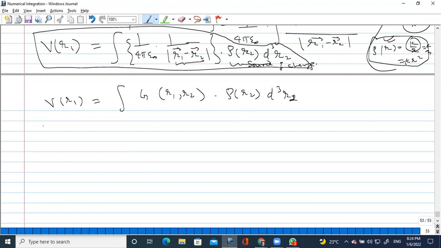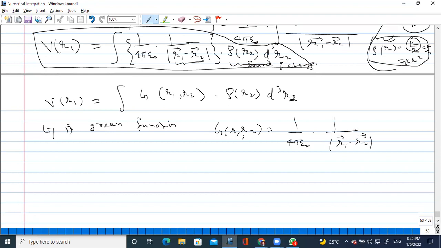Here G is the Green function. I'm taking the Green function G of R1, R2 as nothing but 1 upon 4 pi epsilon naught, 1 upon mod of R1 minus R2.